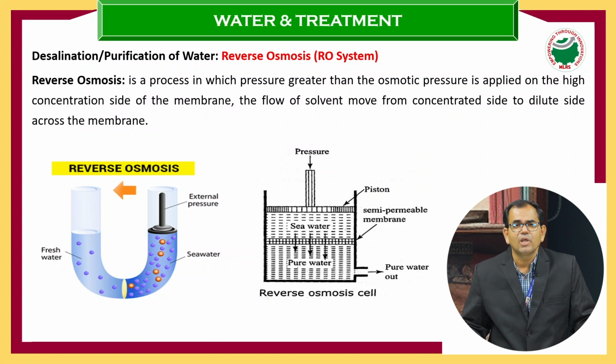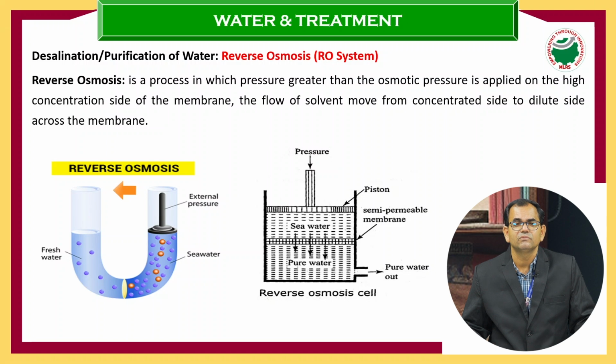Opposite to that is the flow of any material from high concentration to low concentration. Reverse osmosis does not happen spontaneously. It's not a natural process. The natural process is osmosis, low concentration to high concentration, whereas reverse osmosis is the flow from high concentration to low concentration.